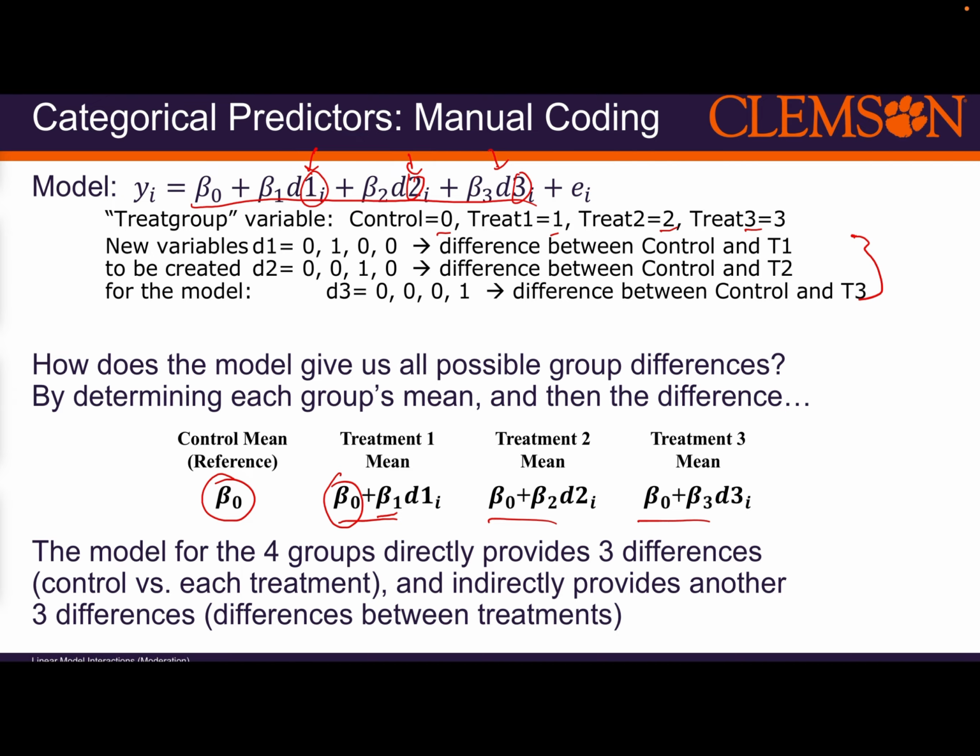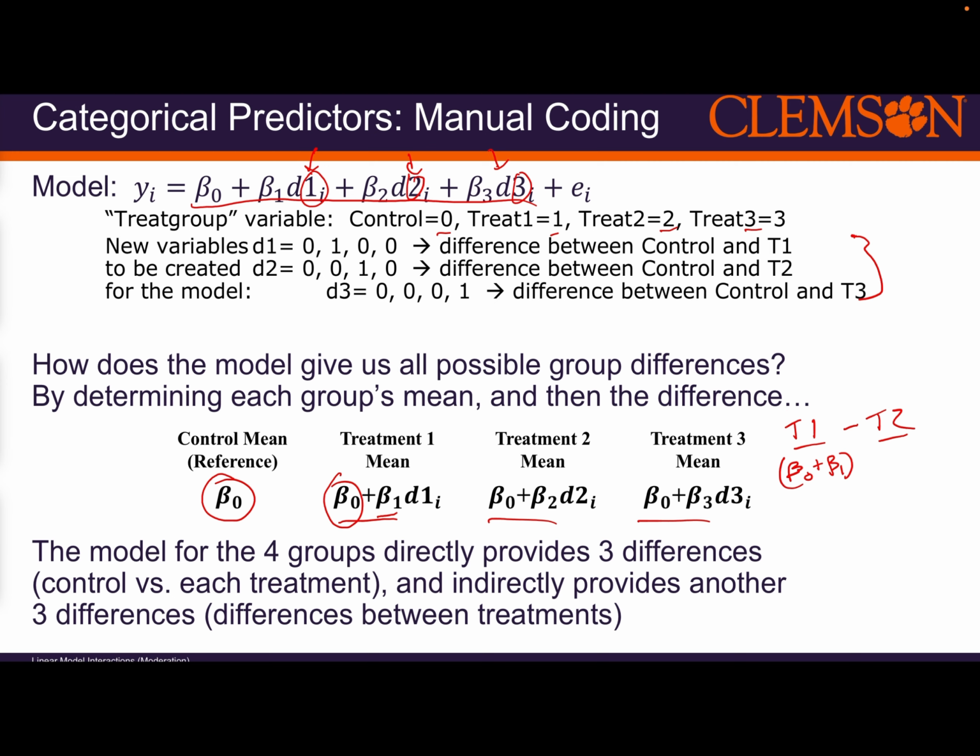So the model for the four groups provides three differences, the control versus each treatment, but indirectly provides another three differences. We can find those other three differences, right? For instance, if we wanted to see the difference between the treatment 1 mean and the treatment 2 mean, we have T1 minus T2. The T1 mean, I'm going to drop the D1 from this, is beta 0 plus beta 1.